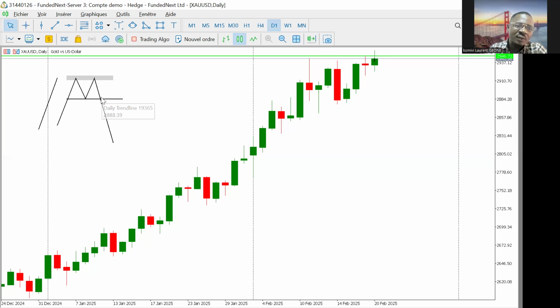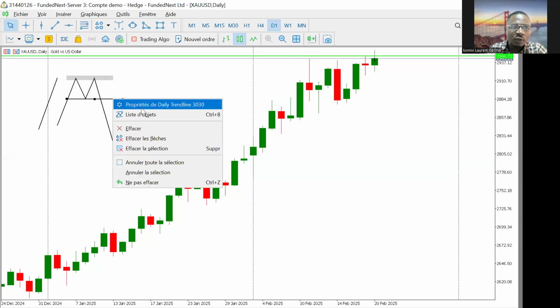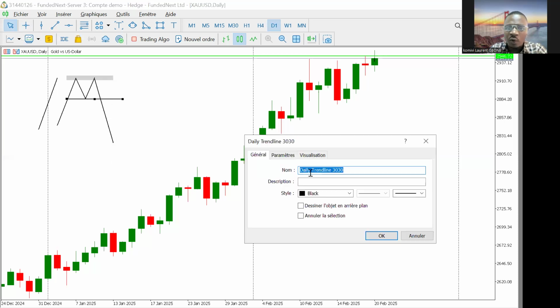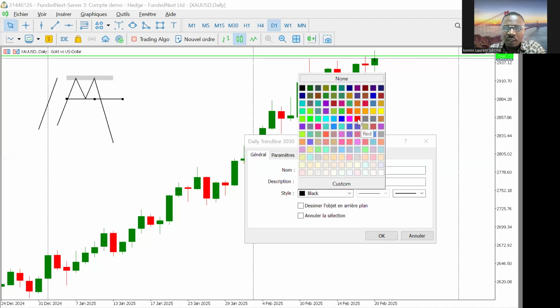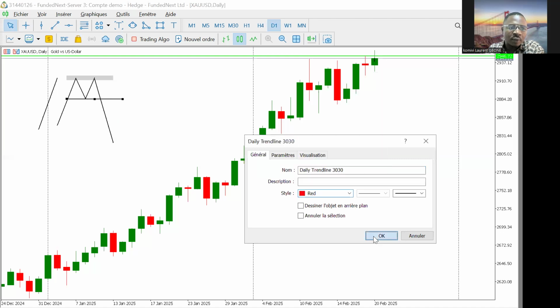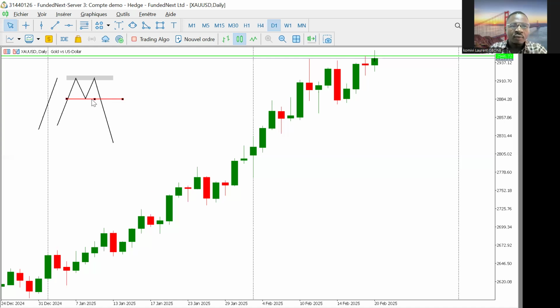Let me change the color. Let me put it in red, it is very important. Here it is. If the price breaks the neckline, you can get into the market.